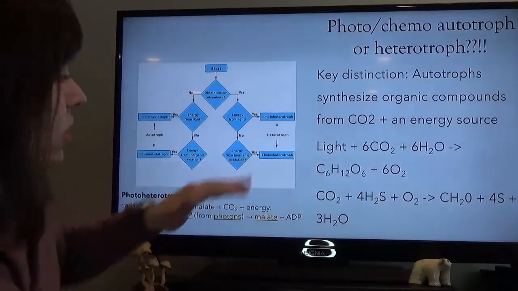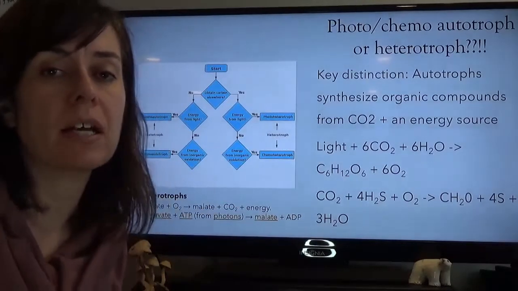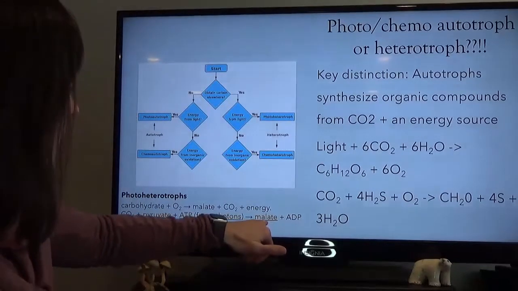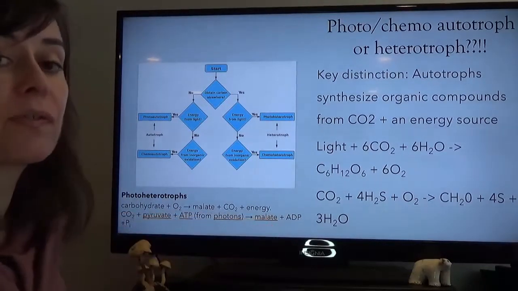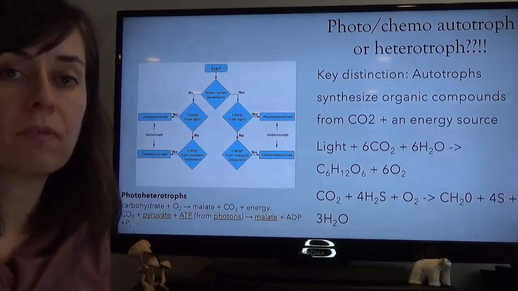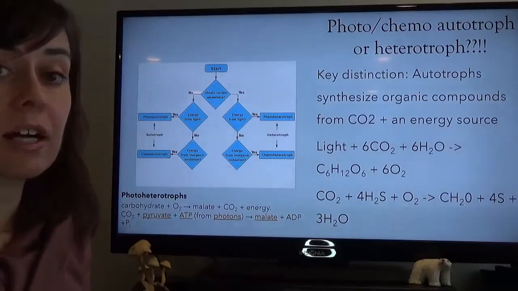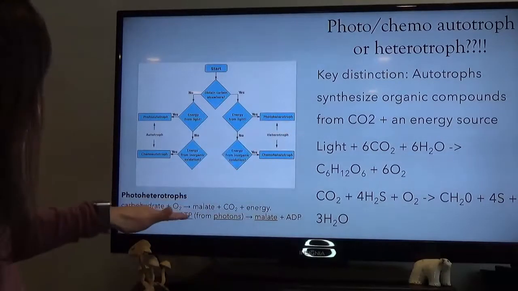Photoheterotrophs, in contrast, are able to use the energy from light to help support the production of carbon compounds for use in their daily energetic needs, but this is done through a two-step process.